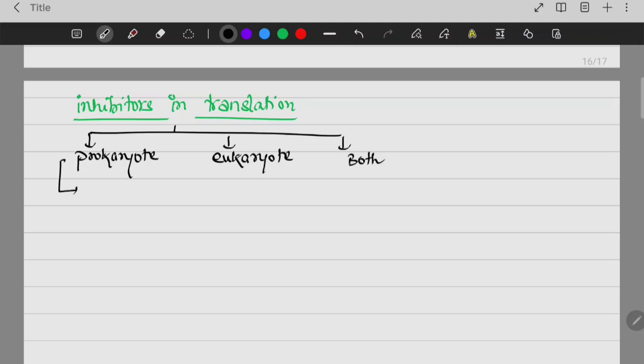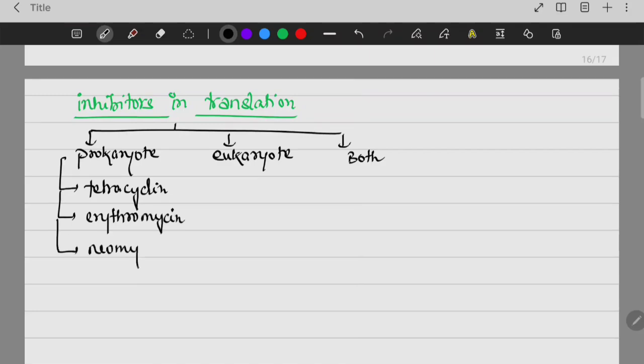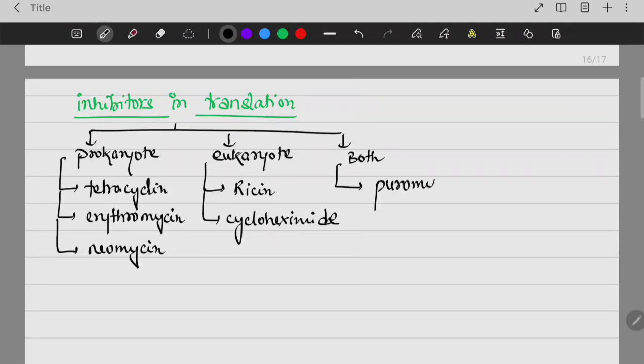For prokaryotes, some examples are tetracycline, erythromycin, neomycin, and for eukaryotes it is lysine, cycloheximide. For both it can be puromycin. Okay, so these are some points.